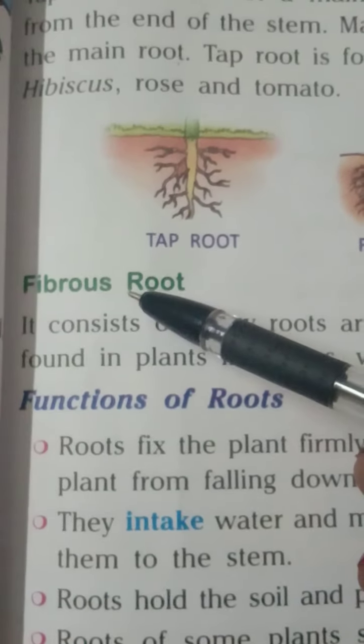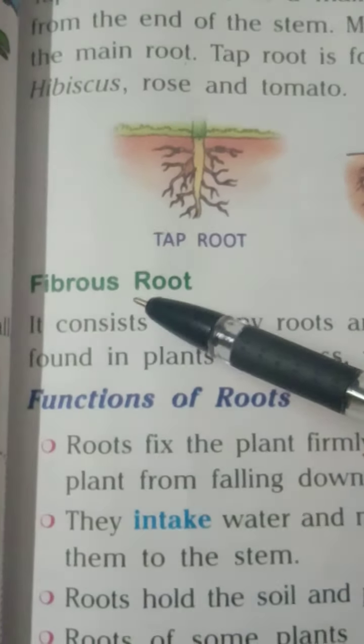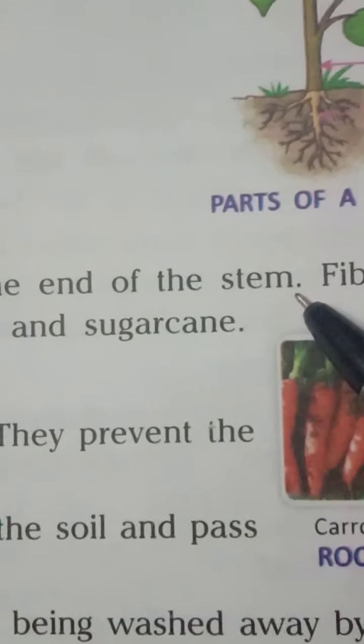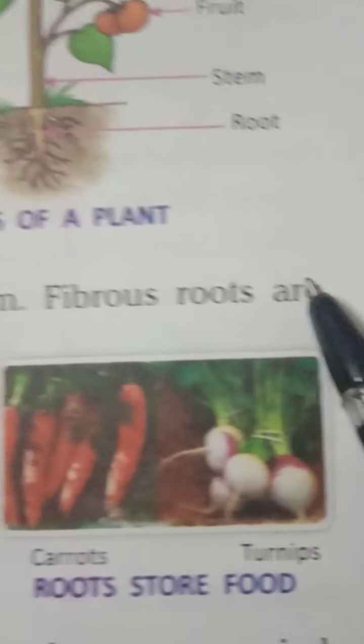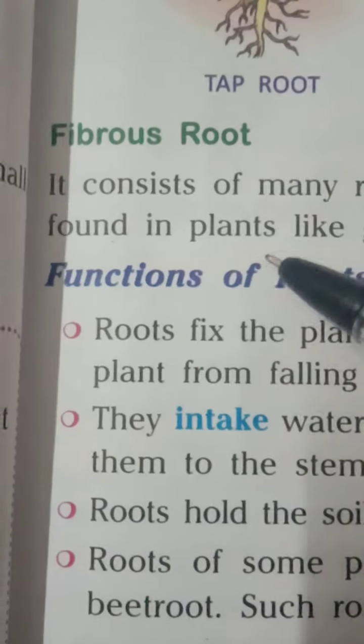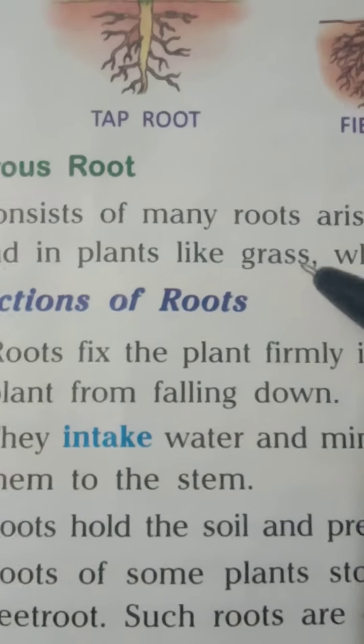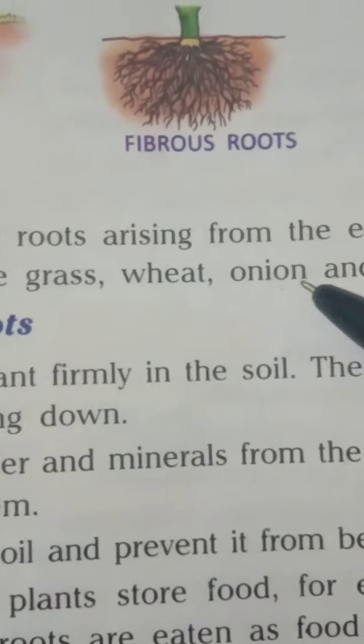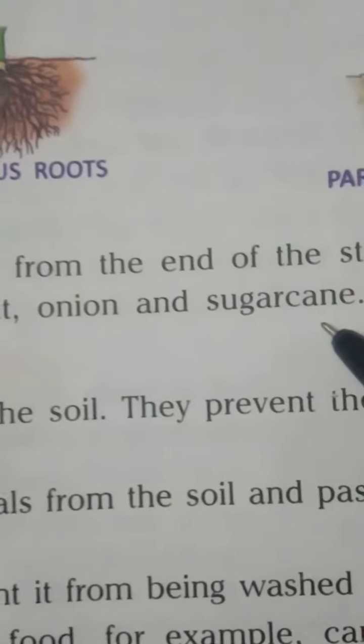Now student, second root is fibrous root. It consists of many roots arising from the end of the stem. Fibrous roots are found in plants like grass, wheat, onion and sugarcane.